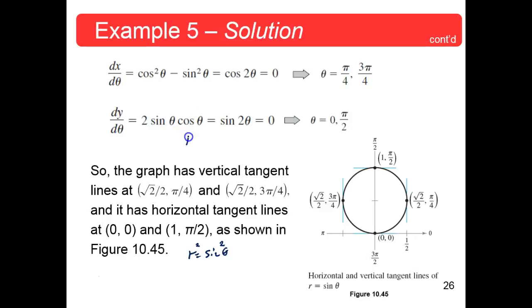Try it this way. r is equal to sine theta. That was our original, right? Let's multiply both sides by r. So this is now your y value. r times r, r squared, is equal to y.